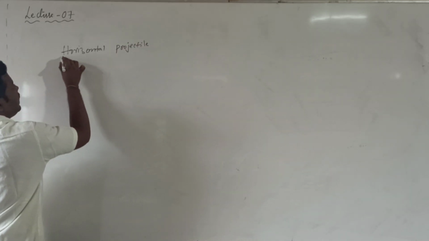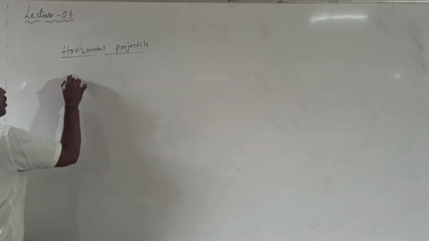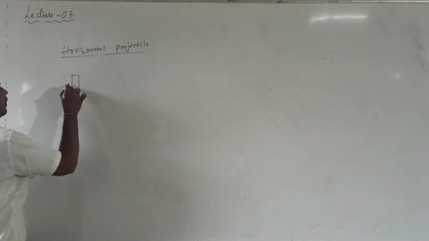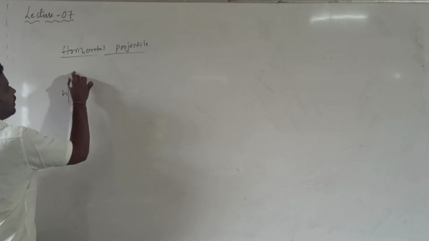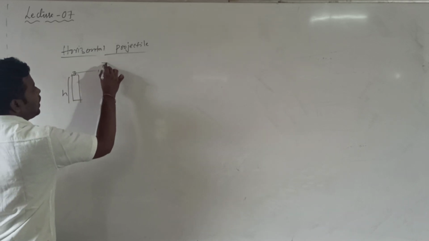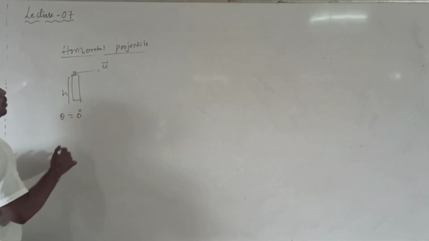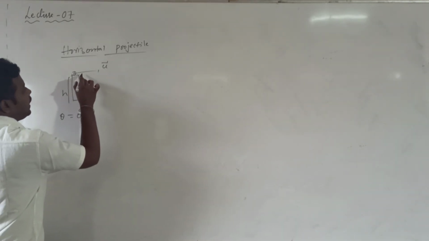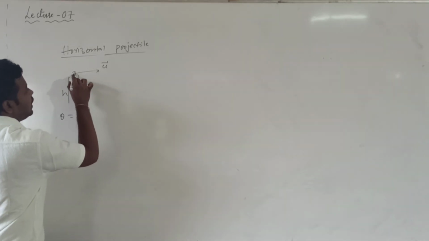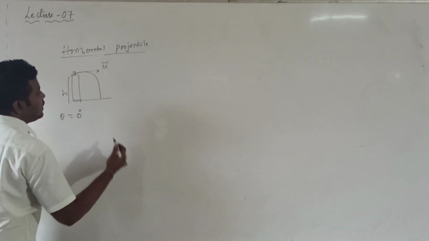If a body is projected from a tower horizontally with a velocity u bar, making an angle theta with the horizon, here theta value should be equal to 0. Such a body is called a horizontal projectile. Because of the earth's gravity, though you project it like this, it will follow this path and finally reach the ground.